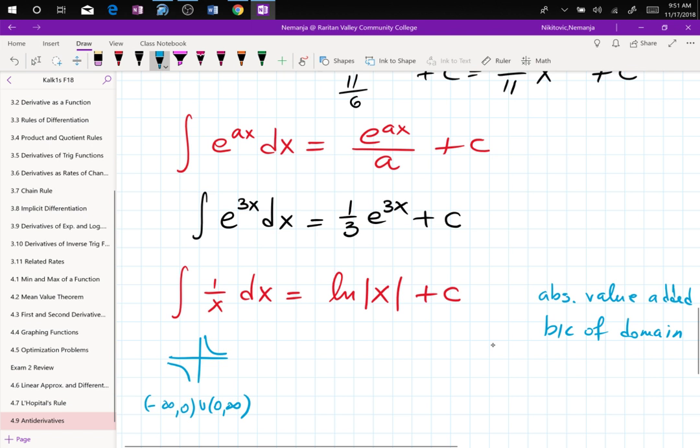Now, on the right-hand side, if you don't have absolute value, you only have this for ln, and that's a problem. But if you put in absolute value, it's going to go like that, and then we have the same domain. So that's the reason why we have to have this absolute value.